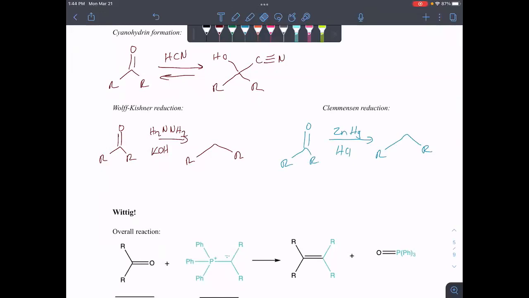RR. ZnHg over HCl, you can use any other acid also. I think so. That one, the KOH on the other one, can you use anything else? I don't think you can. If you can, I've never seen it with anything else.